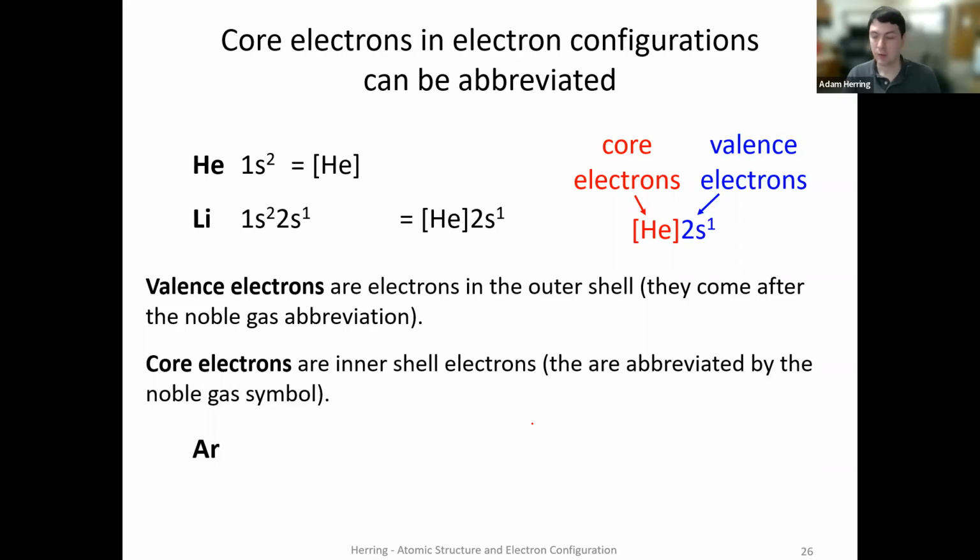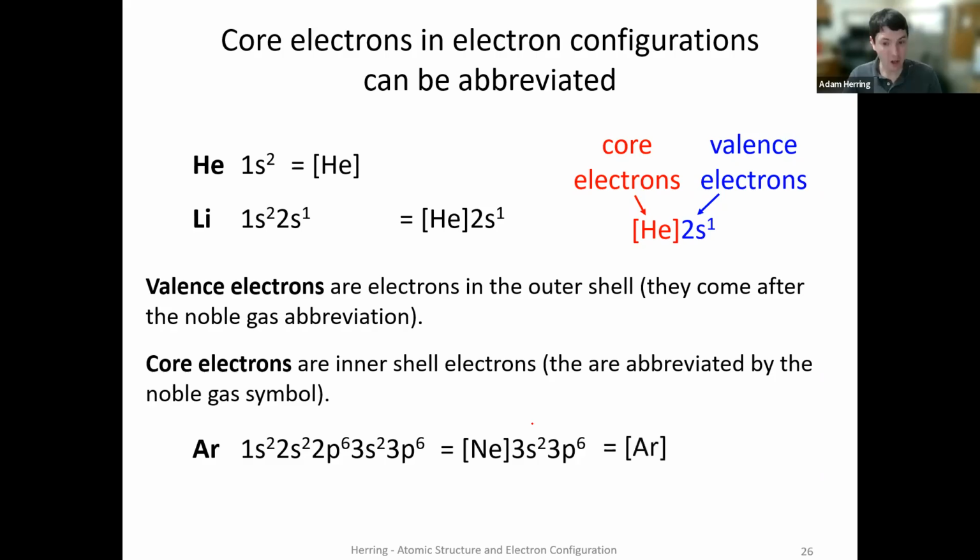Argon, for example, is element number 18. So it has 18 protons, 18 electrons. And so we fill out those electrons into the lowest energy subshells. So its configuration is 1s2, 2s2, 2p6, 3s2, 3p6. And that ends that particular row. This could be written as neon 3s2, 3p6.